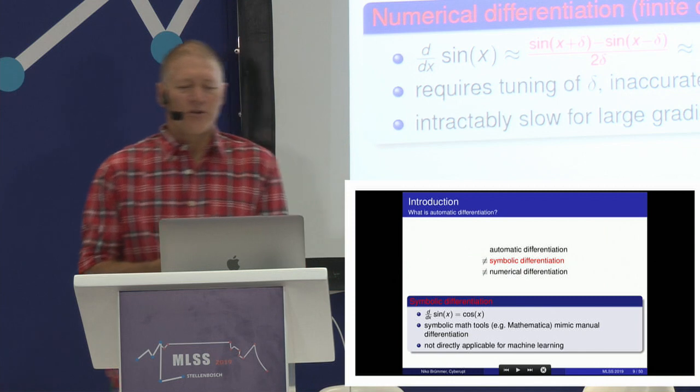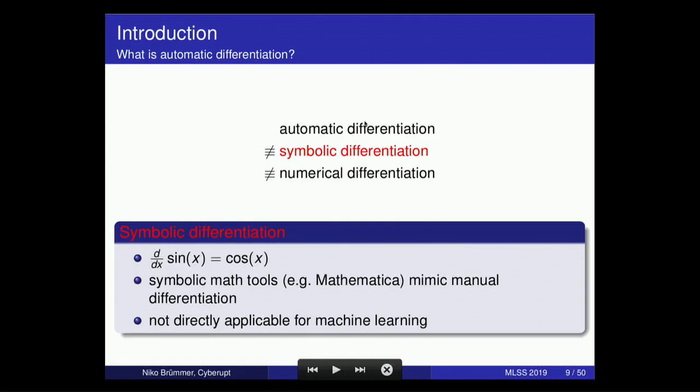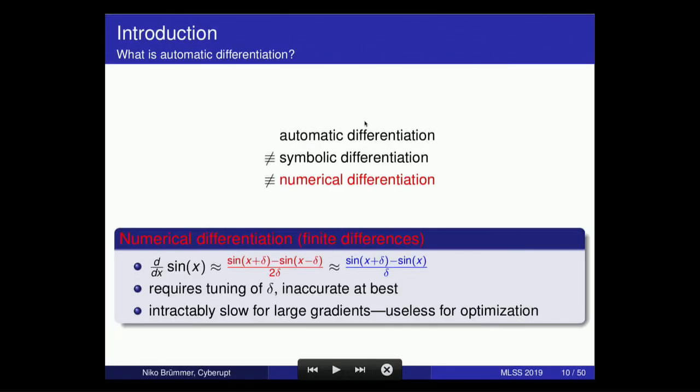So numerical differentiation, sometimes called finite differences. I'm sure most of you will be familiar with these little formulas. So you evaluate the function in the place you're interested in, and then you move a little bit with a small delta, and you just get the ratio over here. So one of the problems is you have to tune this delta.